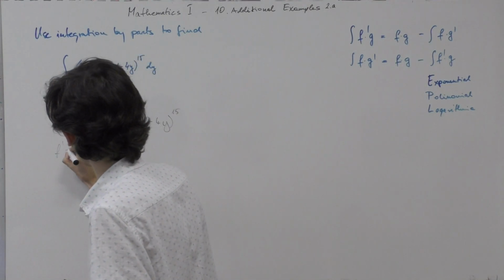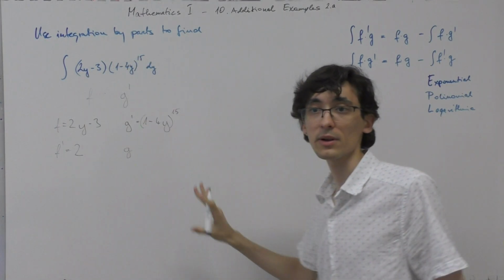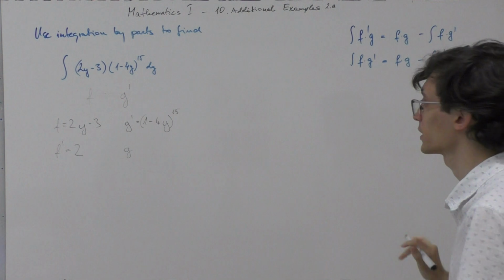And we need f prime, which is just 2, and g, which is a bit more difficult, so let's just calculate it over here.